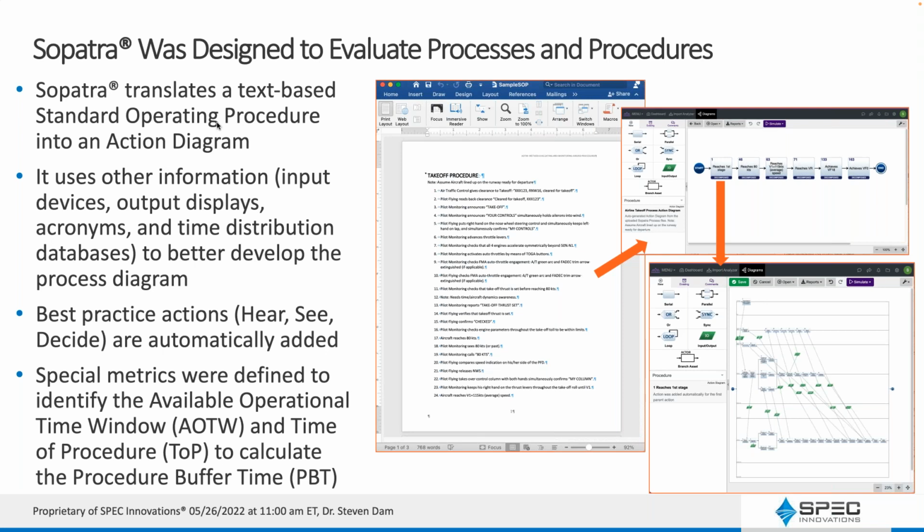And there's a best practice that was determined by quite a bit of research done by George Mason University. They've been doing work in this area for the last 20 years, looking at airline procedures in particular, but also procedures of all kinds. What they did was recommend that we generate an extra action. So you have a step that says something like pilot monitoring announces takeoff.